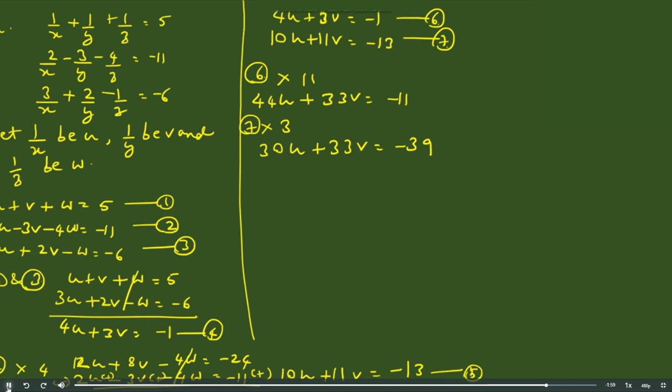Okay, now I will change the sign, so the v terms will get cancelled. 44u minus 30u, it is 14u, is equal to minus 11 plus 39, it is plus 28.